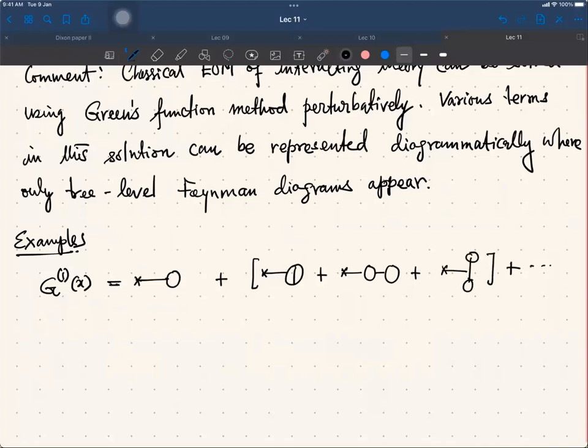This is one loop and has a contribution at order h bar. These three diagrams appear in two loops, and they have contribution at h bar square.